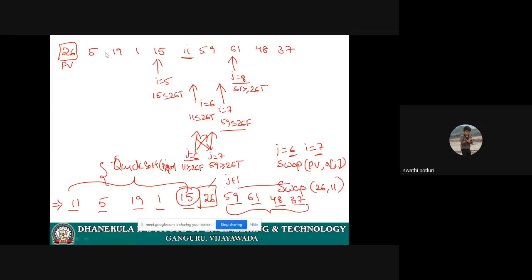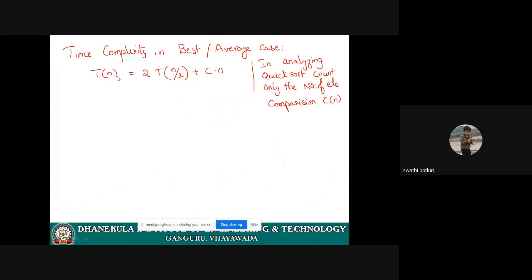So now what is the list of elements obtained? 11, 5, 19, 1 and 15, then 26, 59, 61, 48, 37.